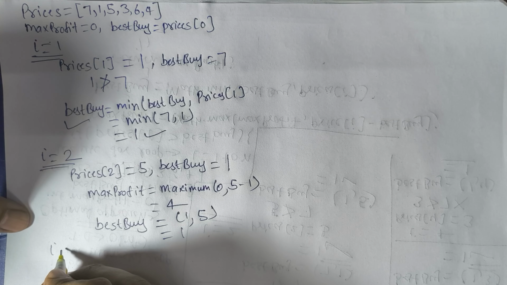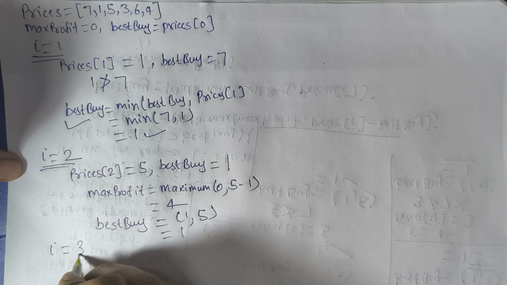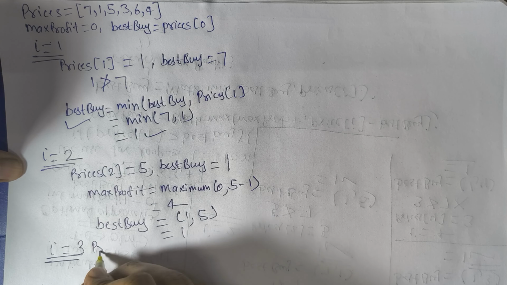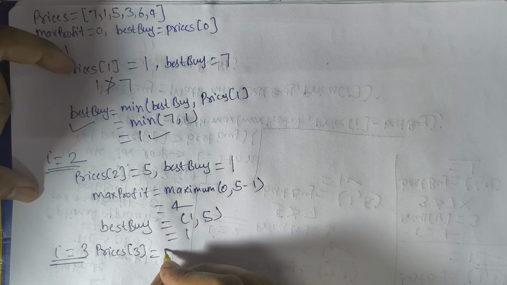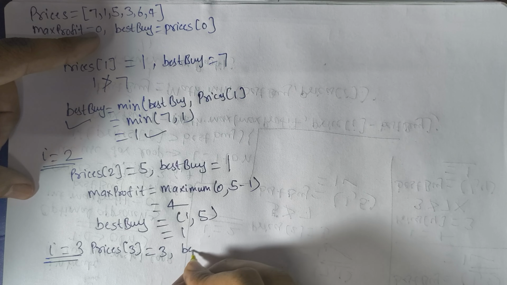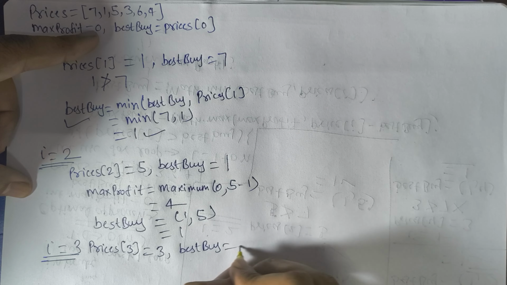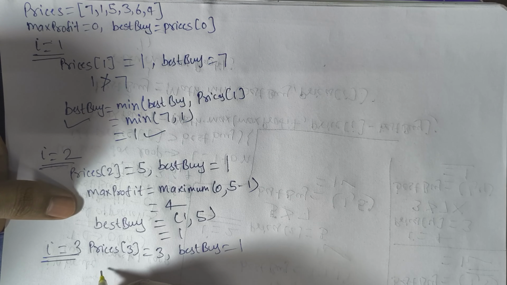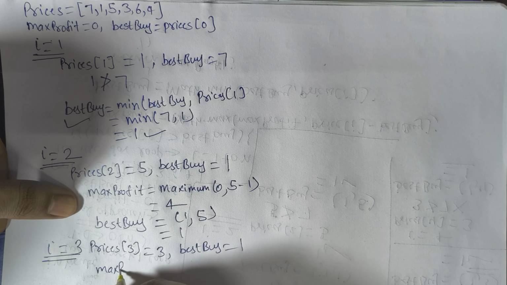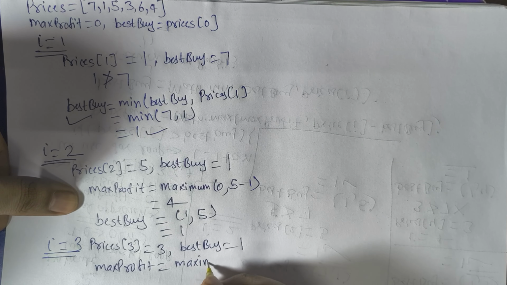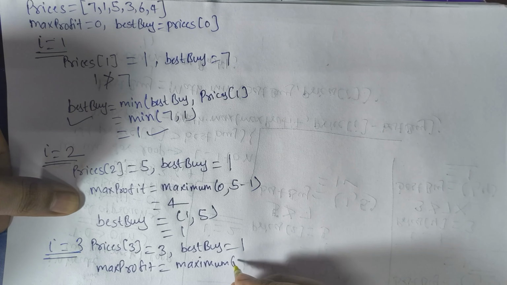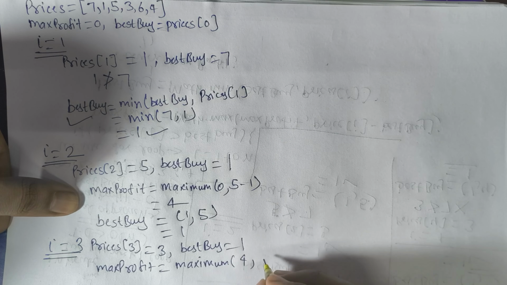Let's see for i equal to 3. Then price[3] is equal to 3 and best buy is equal to 1. So max profit is equal to the maximum of 4 and 3 minus 1.